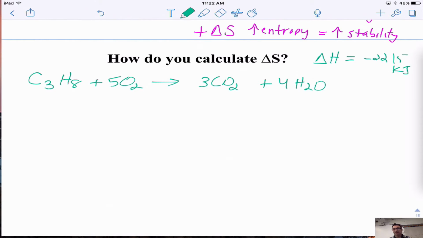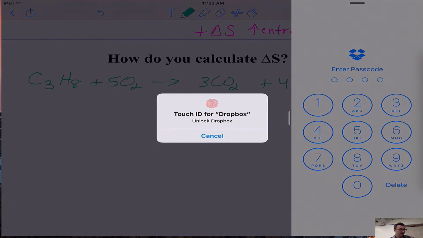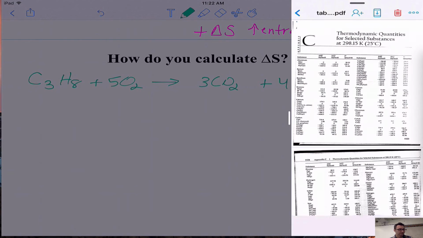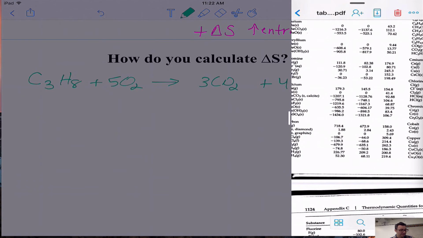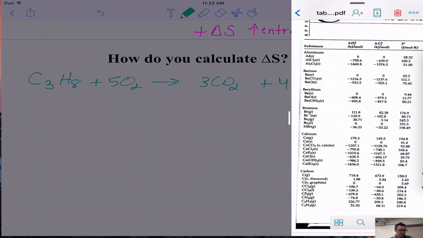And just like we have the delta H, I had mentioned in class that we also have a value for delta S from our thermodynamics table. And so if we go ahead and do that, let's go in here and look. So now we can find these values here. And so the third column is delta S. And so we can actually use that.